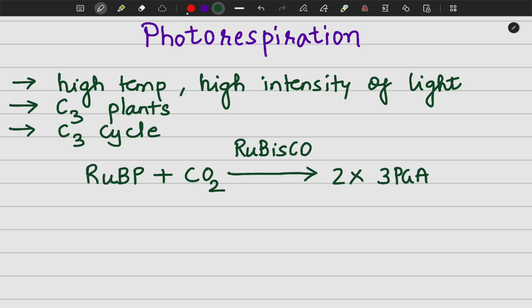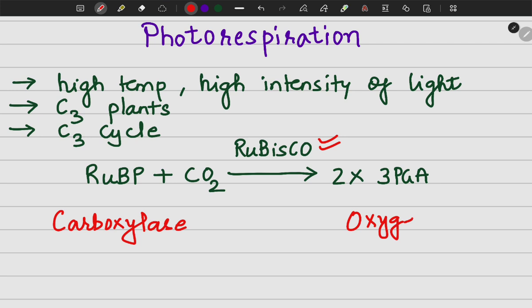Now this enzyme Rubisco shows 2 types of activity: carboxylase activity as well as oxygenase activity. So in the C3 cycle it showed carboxylase activity.